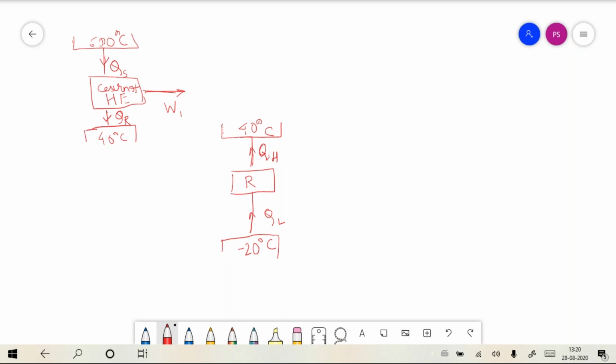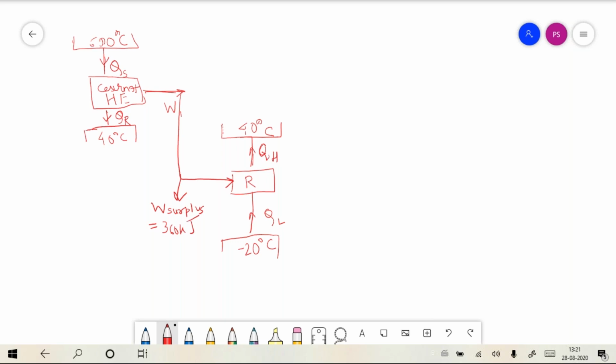What is given is that the work produced from the Carnot engine is supplied to the refrigerator, and in spite of supplying this, you are still left with the surplus extra work, which is the net output. That net output is given to be 360 kilojoules.